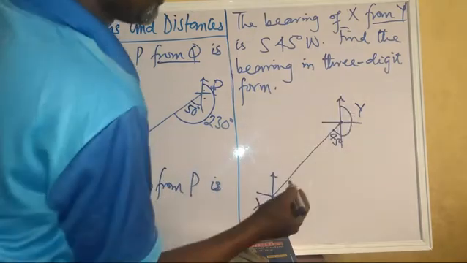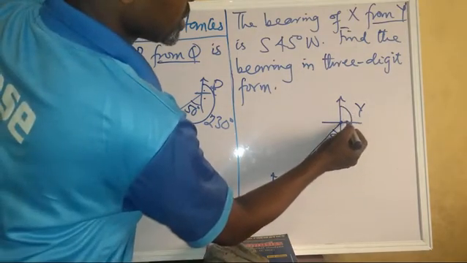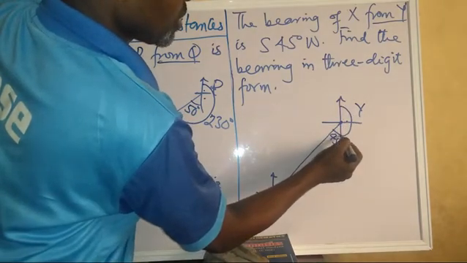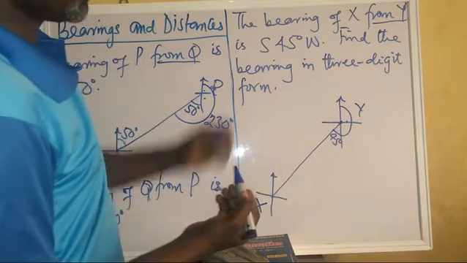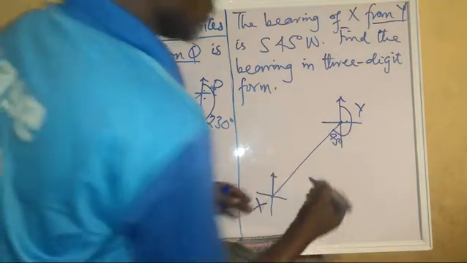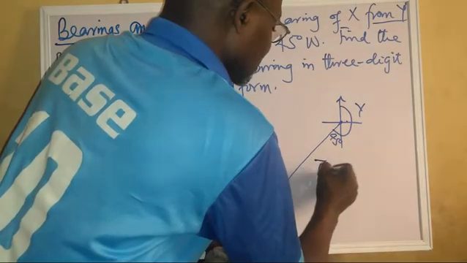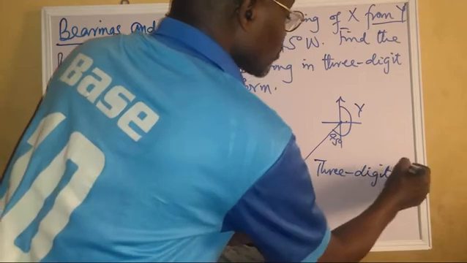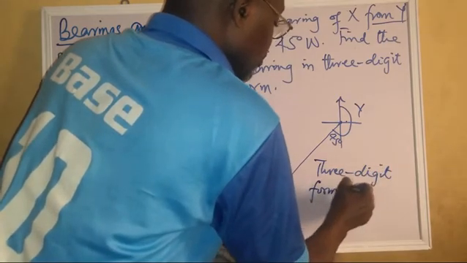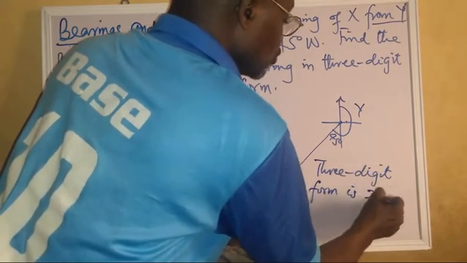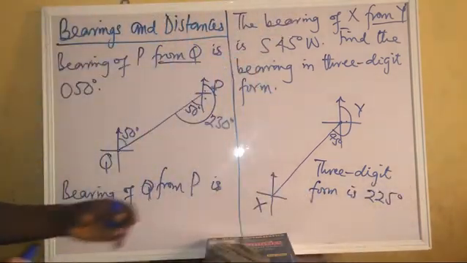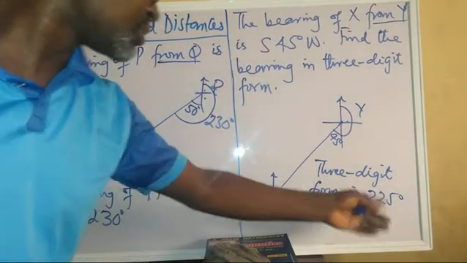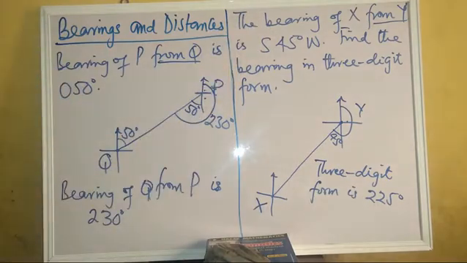According to what we have here, up to this point is 90, then 180. 180 plus 45 should be 225. So the 3-digit form is 225 degrees.